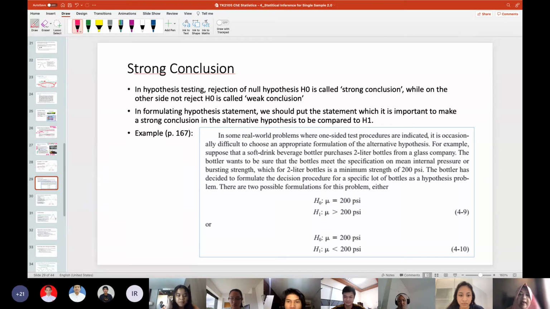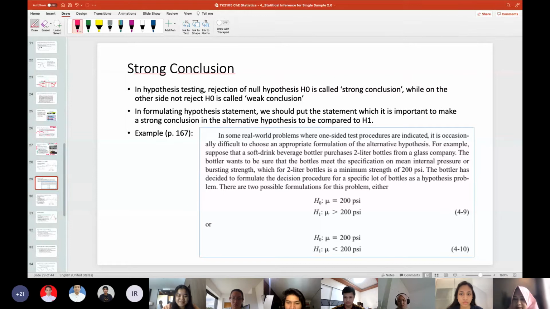In formulating a hypothesis statement, we should put the statement which is important to make a strong conclusion in the alternative hypothesis H1. So how we define H0 and H1 is important so that we have a strong conclusion.